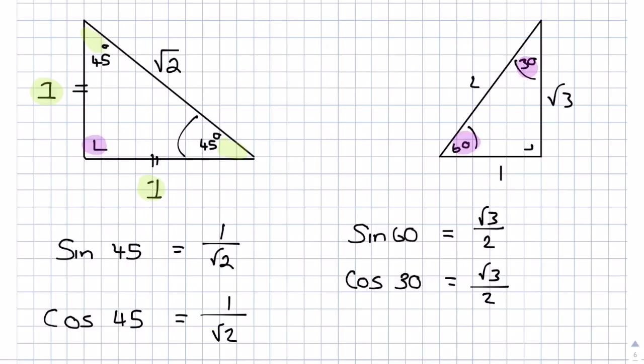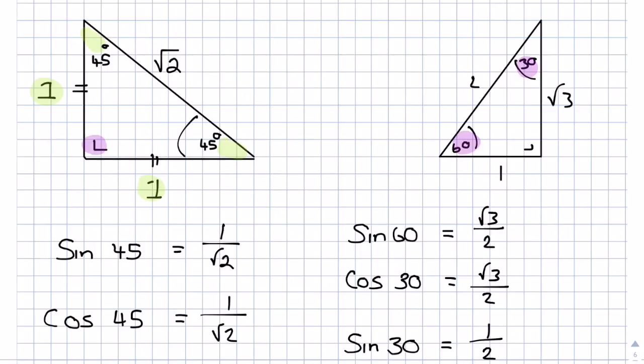And they are the same answer, because the sine of 60 has to give me the same as the cosine of 30, because 30 and 60 are complement angles. And that's what cosine means. It's the complement sine. So if sine 60 is root 3 over 2, well then cosine 30 has to be root 3 over 2. Let's have a look at the sine of 30 degrees now. Sine 30 is the opposite over the hypotenuse, which is a half.